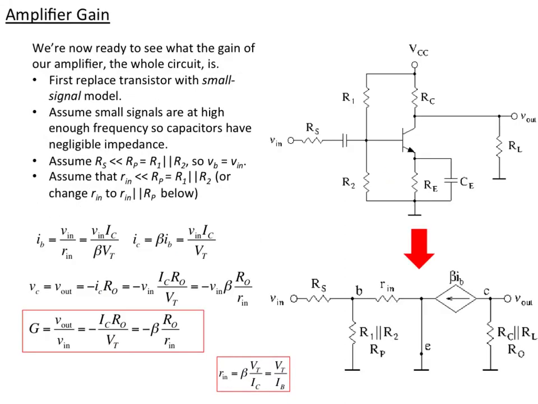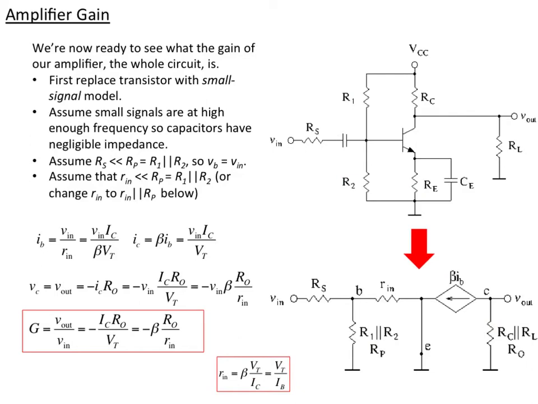Okay, so we're now ready to analyze this messy system in terms of our small scale model. So we can replace this with a simplified model where we only worry about the small signals. These are small time varying signals. And we're going to assume that all the capacitors in this are negligible, so they all go away.